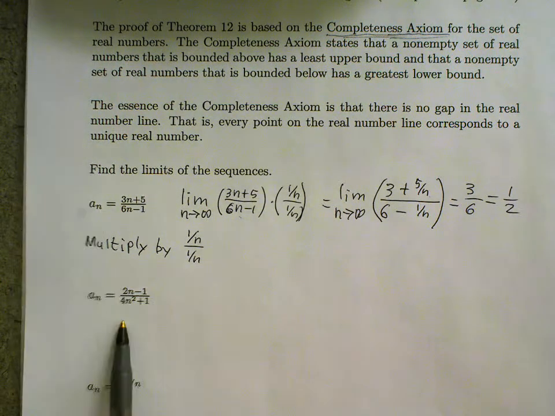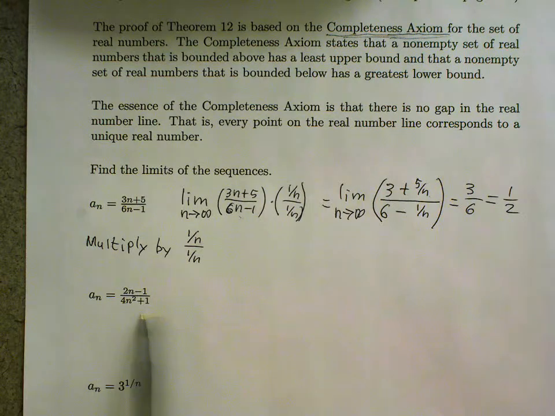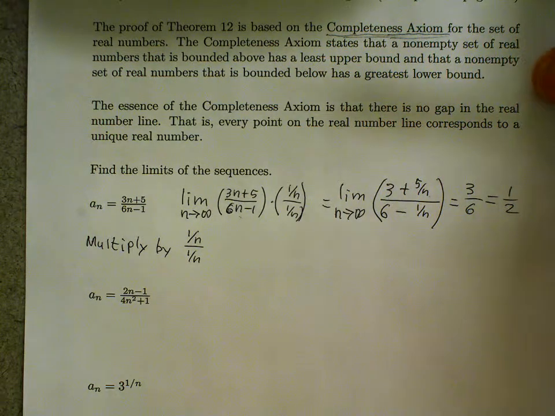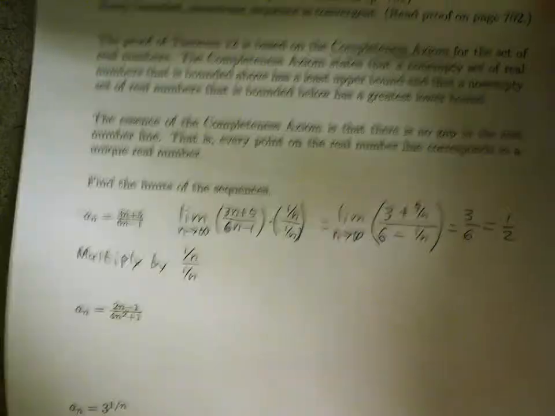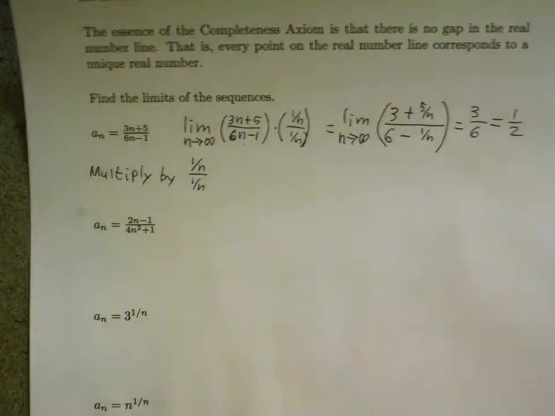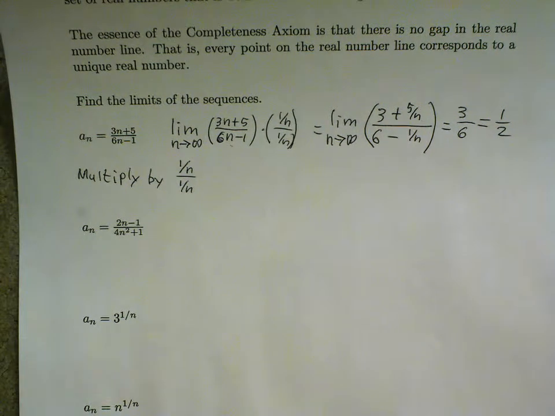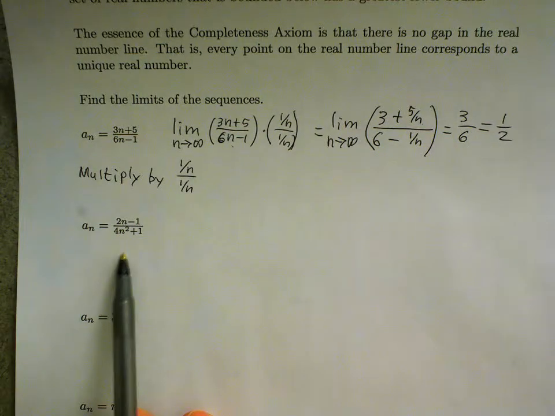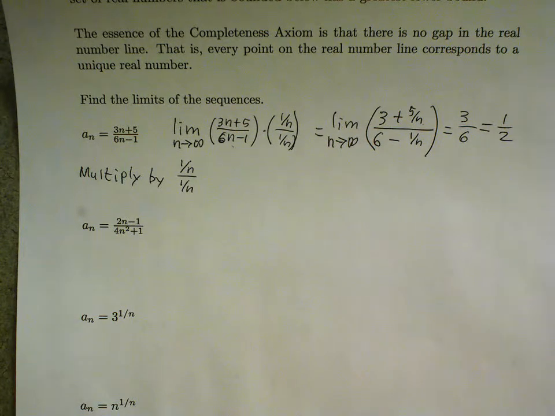Okay, find the limit of the next sequence. A sub n is equal to 2n minus 1 over 4n squared plus 1. And also with some practice, you'll be able to look at that and say what the limit is in 2 seconds or less.